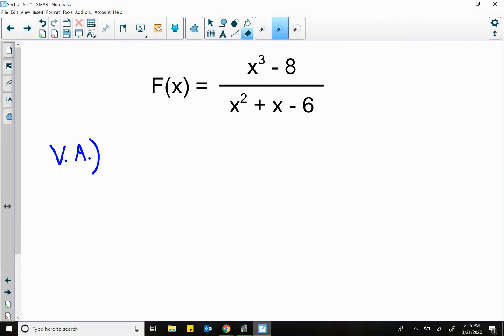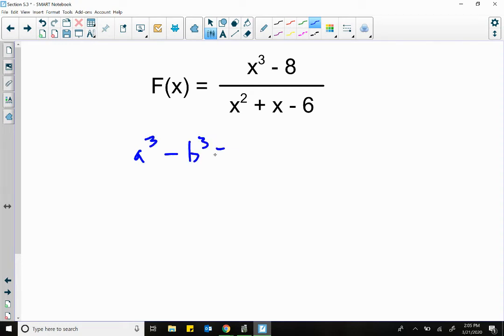If you remember factoring cubics, it's a formula, and this is a difference of cubes. And difference of cubes factor just like this, a minus b, then it's a squared plus ab plus b squared. Okay?